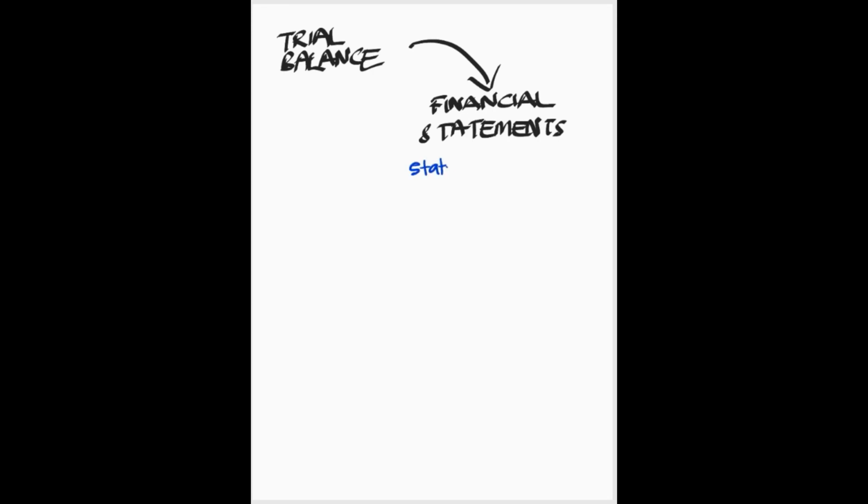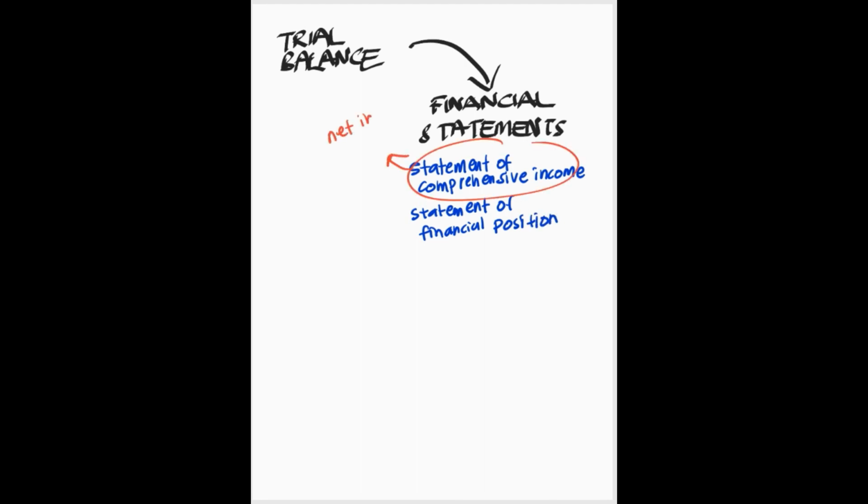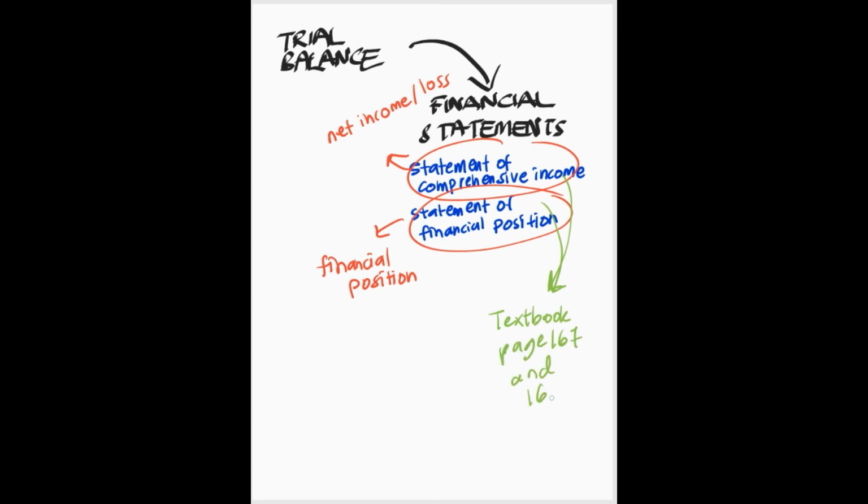The amounts of the balanced trial balance will be posted in the financial statement. There are two financial statements, Statement of Comprehensive Income and the Statement of Financial Position. The Statement of Comprehensive Income is to obtain the net income or loss of a company, while the Statement of Financial Position is to identify the financial position. You can refer to the textbook page 167 and 168.